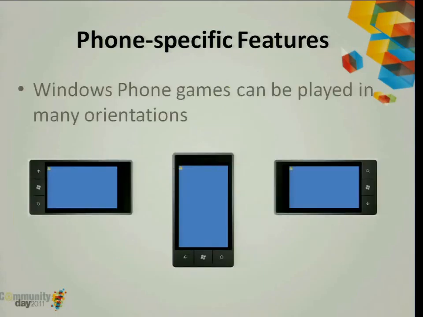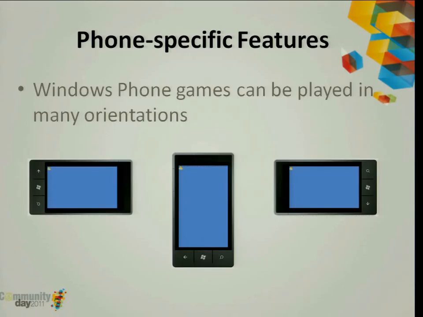When you make a game for Windows or Xbox, you always have a fixed screen resolution. Your TV doesn't have a fixed resolution, but it has a fixed orientation. You probably won't turn your TV at home sideways, you won't do that. With a phone, you can do that. And you can actually play a game in different orientations. You can play it in landscape, top right, or landscape the other way around.